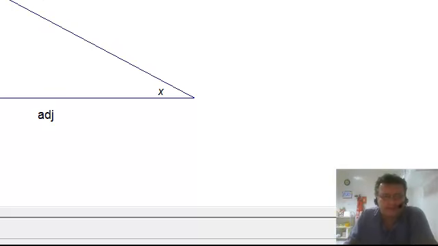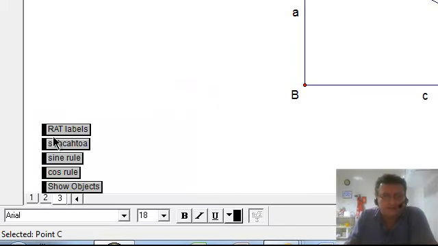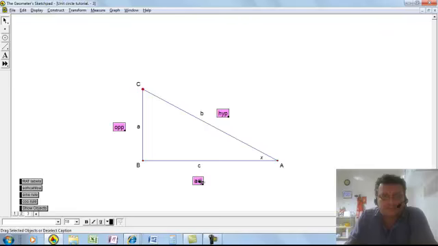So that was grade 9, possibly grade 10. Then we came into grade 11. No, we didn't. So that was grade 9. It came into grade 10. And suddenly things changed a bit. Instead of calling these sides opposite, adjacent, and hypotenuse, we call the angles and the sides by capital letters.